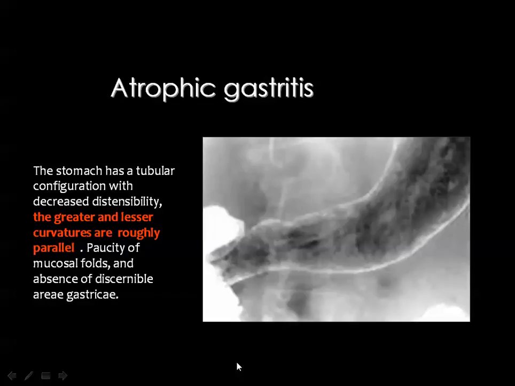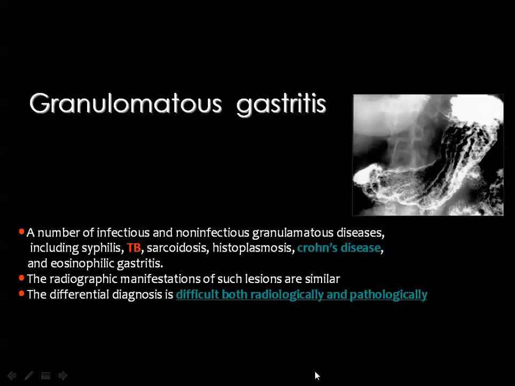And this is an easy diagnosis where you can see a severe atrophy of the gastric mucosa and the relative narrowing of the gastric lumen, so that the lesser curve and the greater curve are almost parallel to each other.